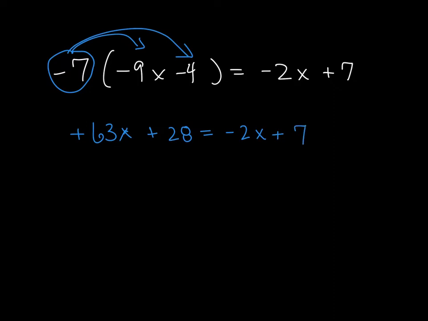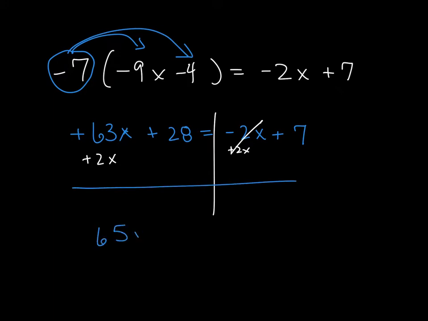Now, for this case, think about this as both sides of the equation, and I want to take this negative 2x and move it over to this side. I do that by adding 2x. That cancels, so this is plus 2x. Now that leaves me with 65x. I bring down the 28, and that's equal to 7.